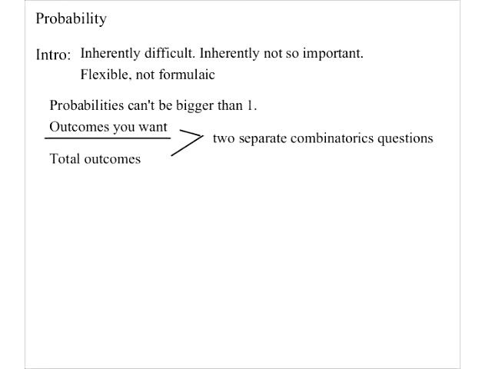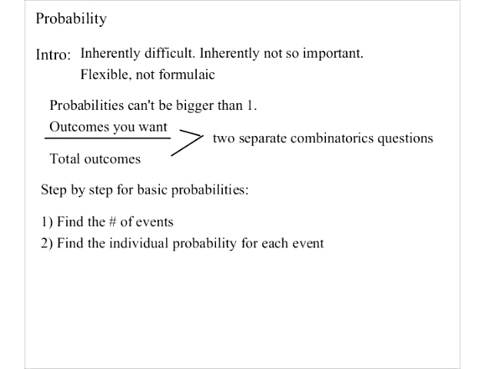Another thing to mention, and a lot of people asked about this, is my little step-by-step. And this really only works for very basic probability questions, but I'll throw it out there. First, you find the number of events, the number of different things you need to have happen. Then, find the individual probability for each event.